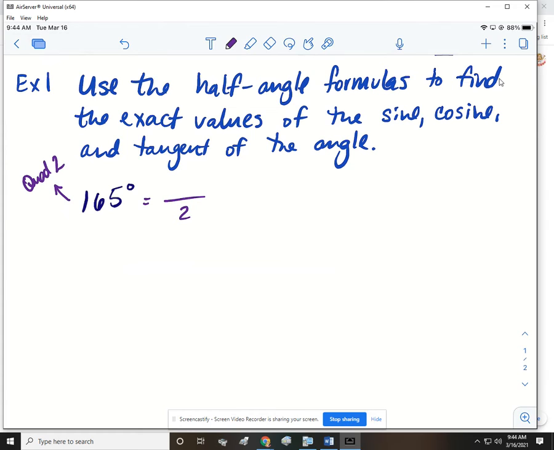That's not hard to do mathematically. You would just multiply it by 2, and that's 330 degrees. So 165 degrees is half of 330 degrees. What that means is, in our formula, u is going to be 330 degrees.